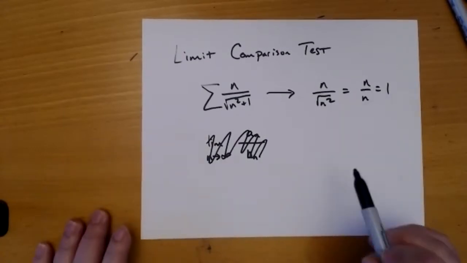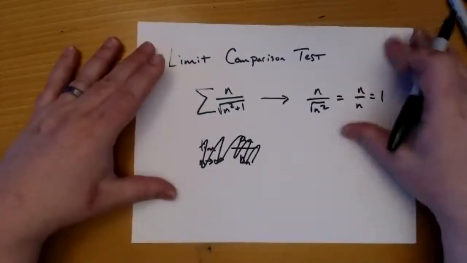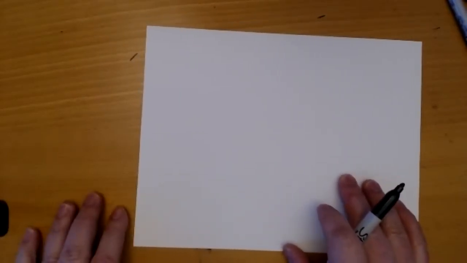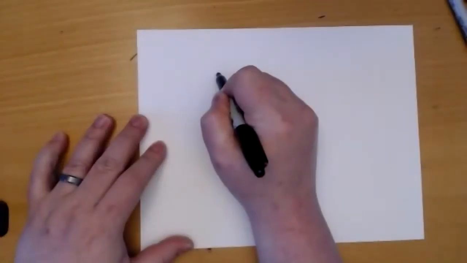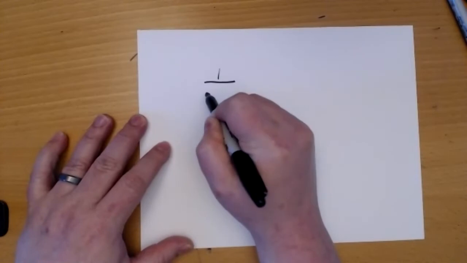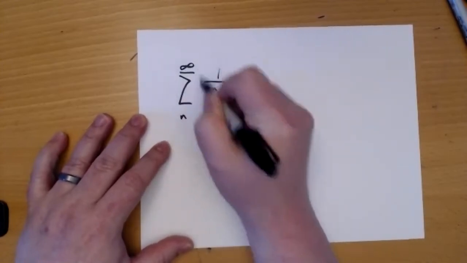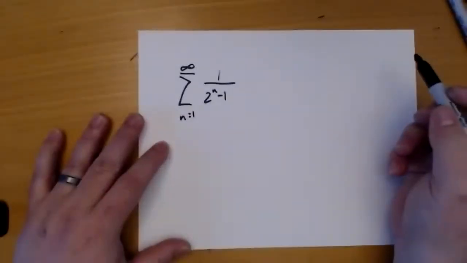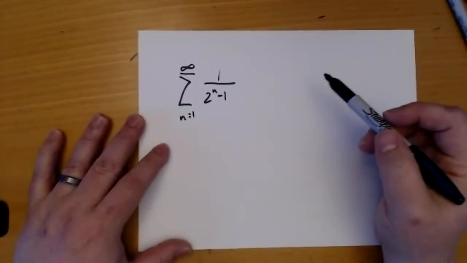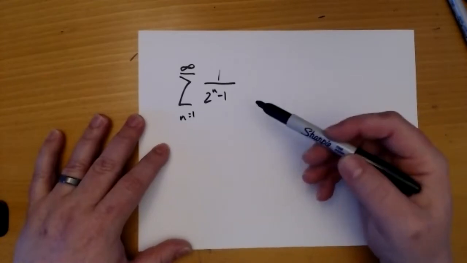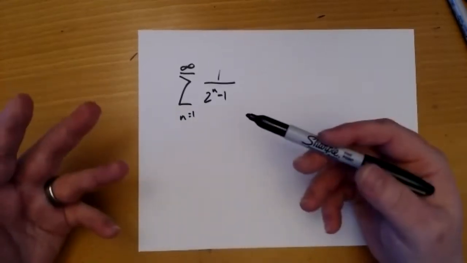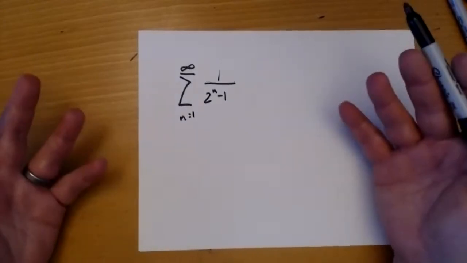Well, the way you do it, let's take an example. Limit comparison test. Let's do 1 over 2 to the n minus 1. If I keep going and going, what does it eventually look like?